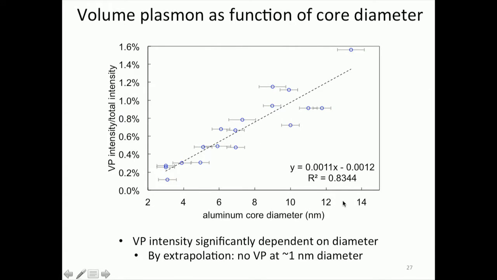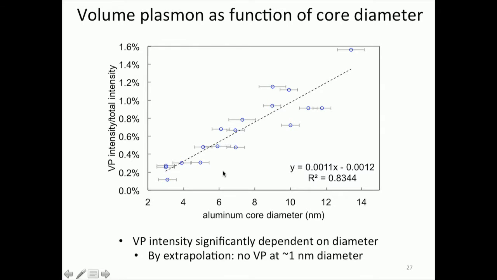Let's talk about the signal of the volume plasmon. Here you have the volume plasmon intensity divided by the total intensity of the EELS spectrum as a function of aluminum core diameter. You can see that we can significantly change the intensity of the volume plasmon excitation by decreasing the core diameter from 14 down to 3 nanometers.